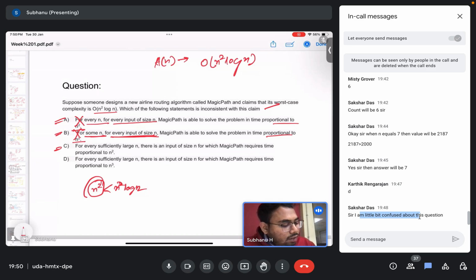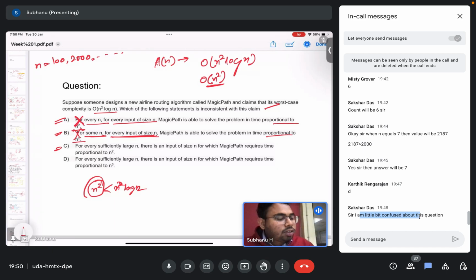Now they are saying that for every n, can you complete this algorithm within n square time? No, obviously, because you need n square into log n time. How can you execute the algorithm within order of n square time? Whenever n is equal to 100, or 200, or for every n from 1 to infinity, you can't finish your algorithm within n square time. So that's why this first option is inconsistent.